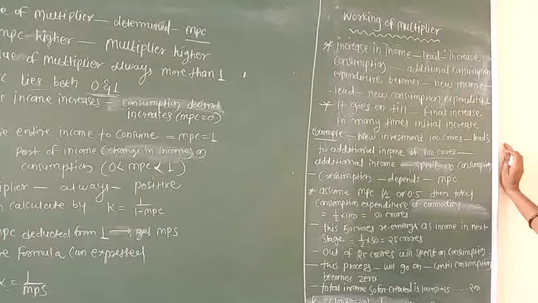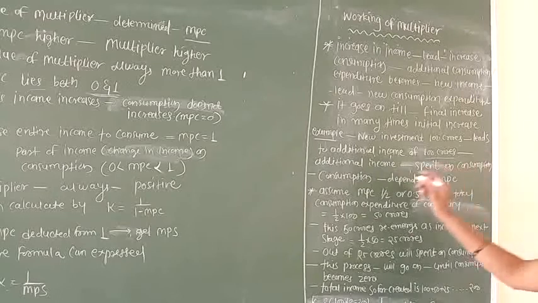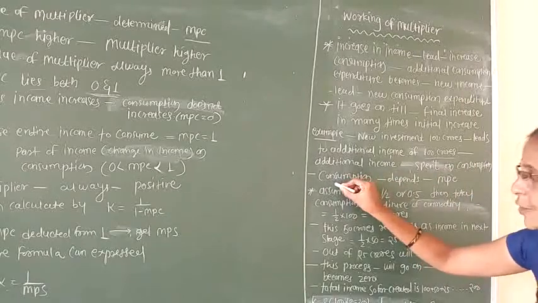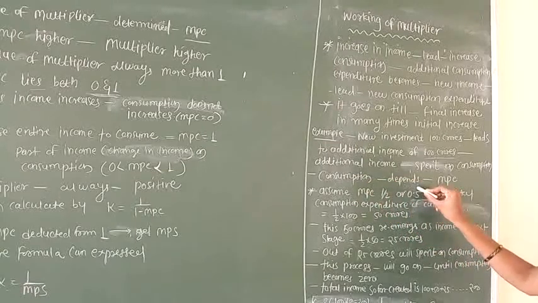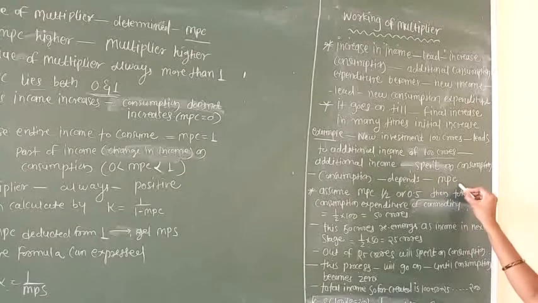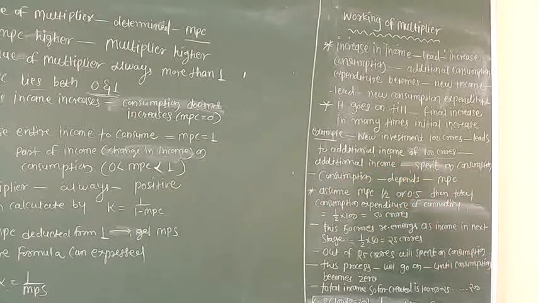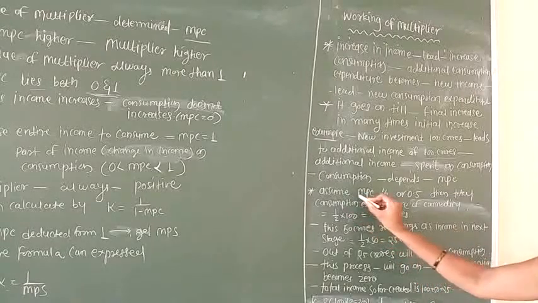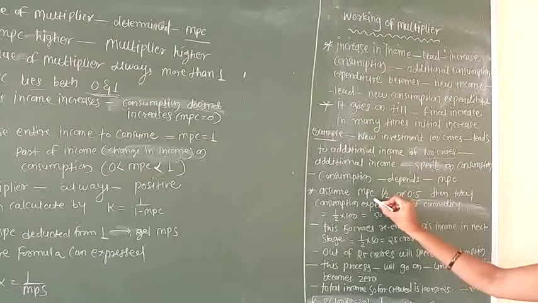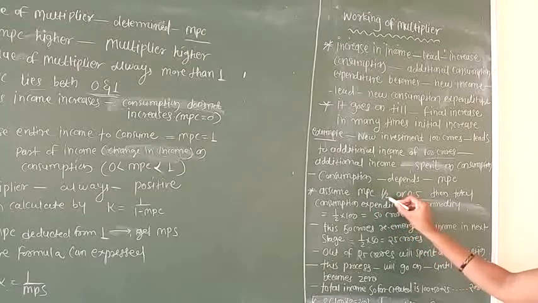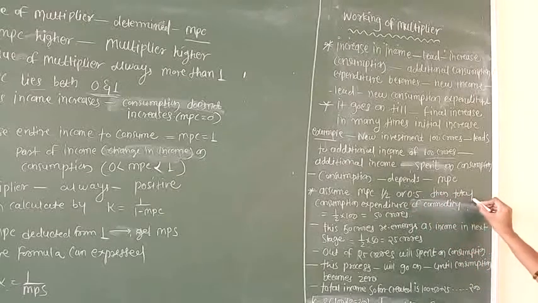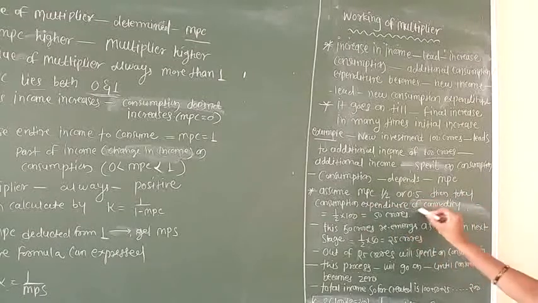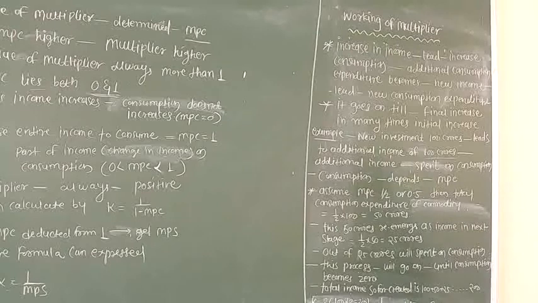All of you know consumption depends upon the marginal propensity to consume, which we have already discussed. Suppose here the marginal propensity to consume is 1 divided by 2, or 0.5.